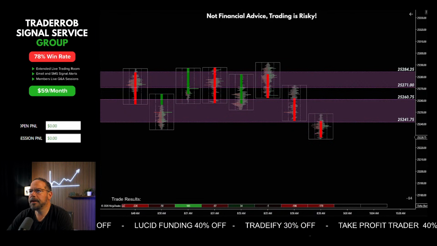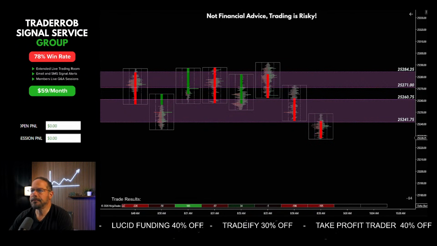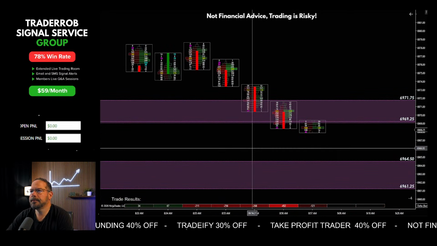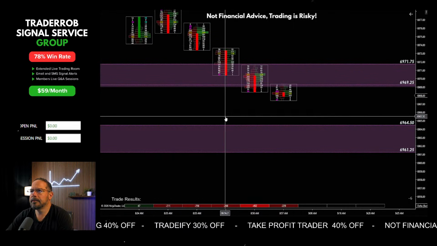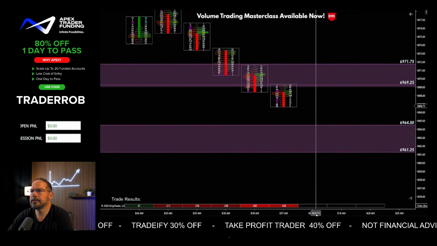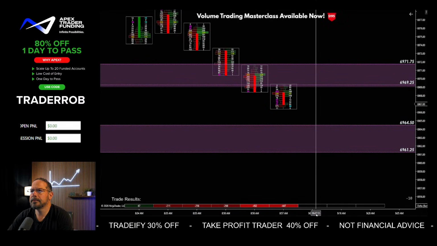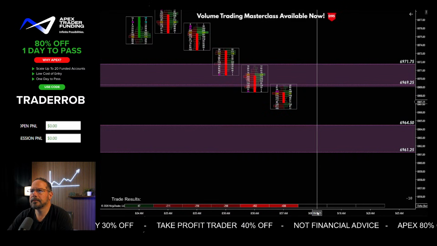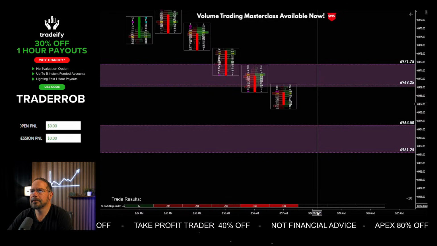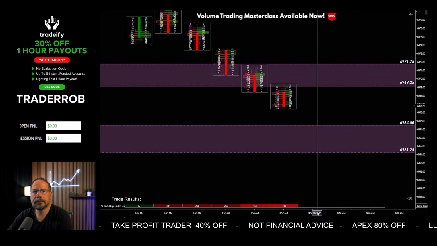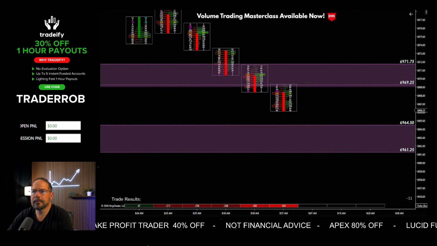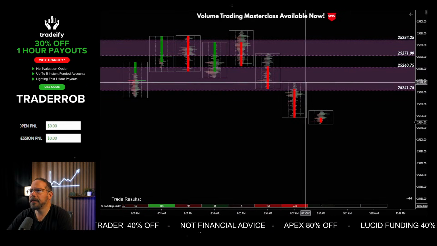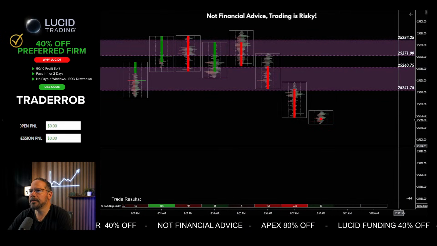A lot of negative delta now, both on the ES and the NQ. Okay, so we kind of freed up from these two bands on the NQ here.